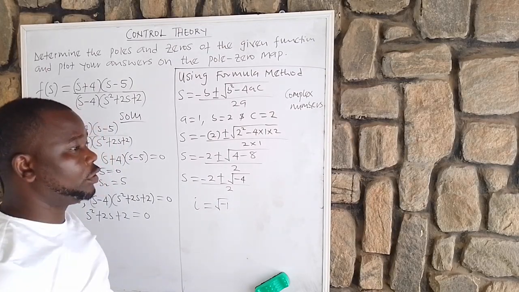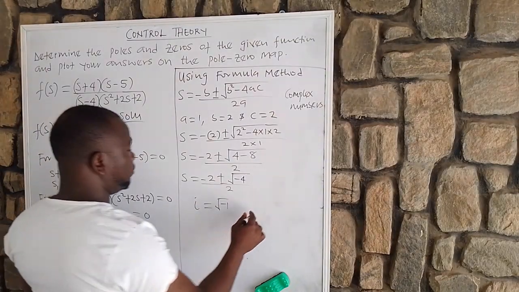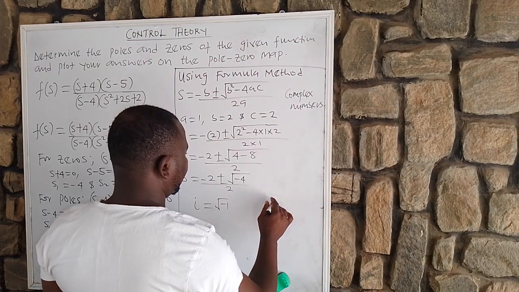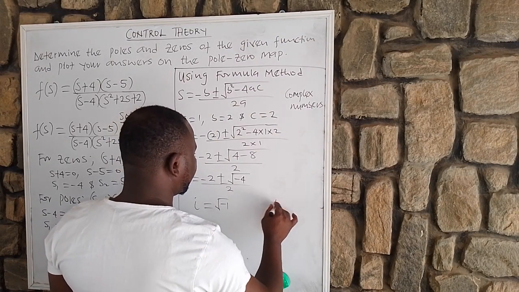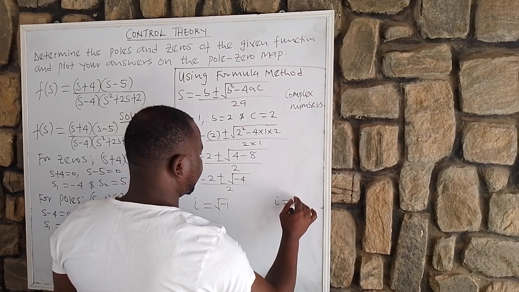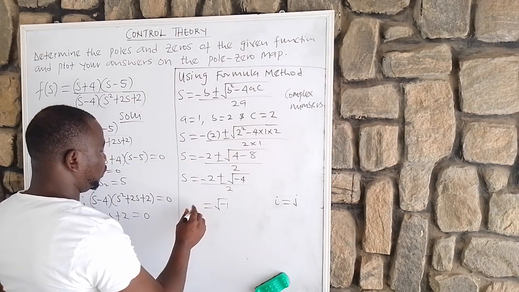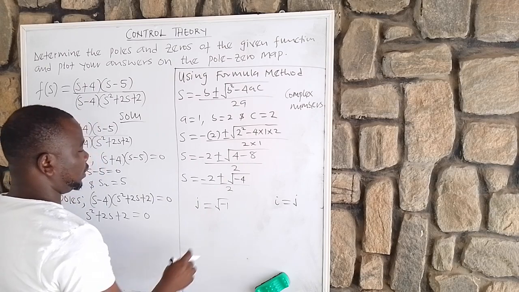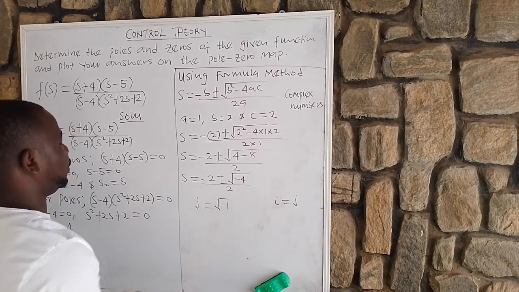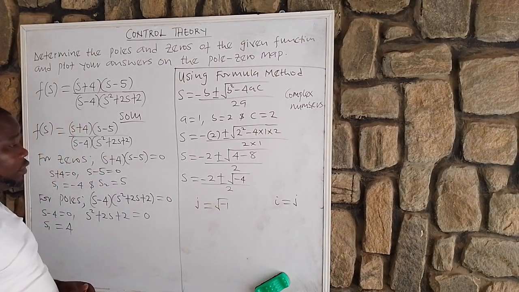But I told you that instead of i, we'll be making use of j. So instead of i, we use j. So we are going to note that j equals the square root of minus 1.